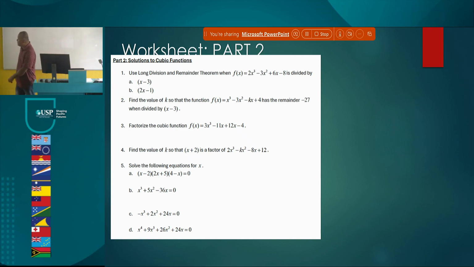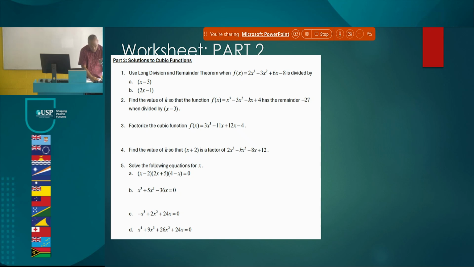So, let's do number 3. Factorize 3x cubed minus 11x squared plus 12x minus 4. What are the factors of negative 4?